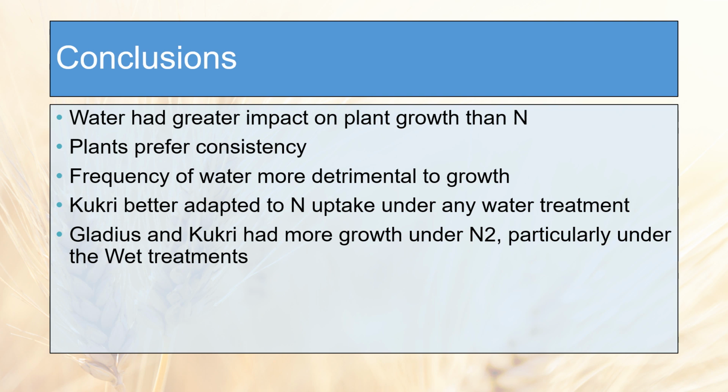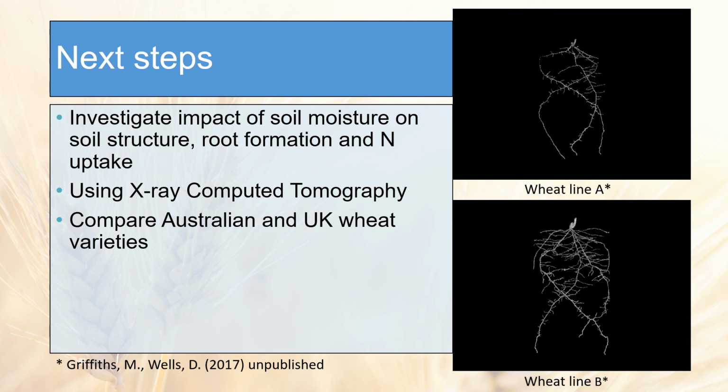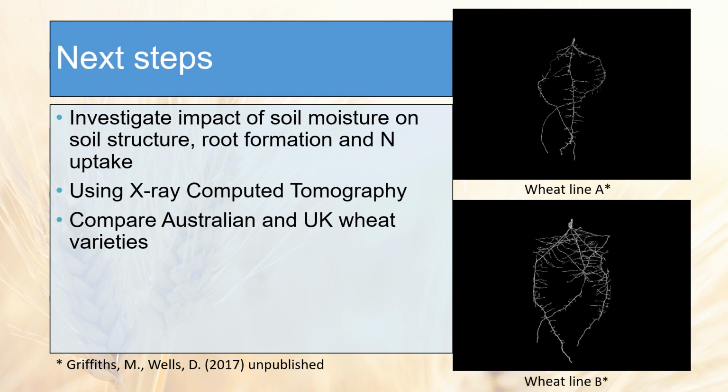So there's definitely more to investigate in terms of maybe the highest nitrogen that you can put onto plants is not necessarily going to be the most beneficial if you take into account the water treatments that you have or the rainfall.